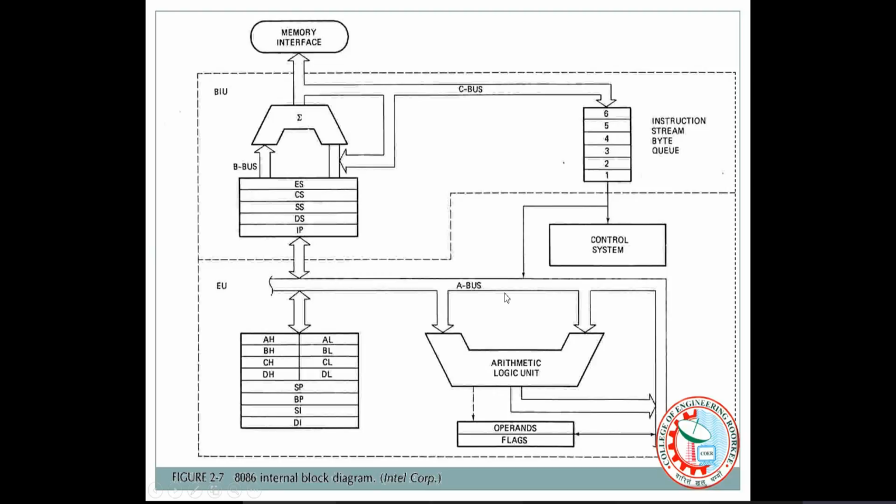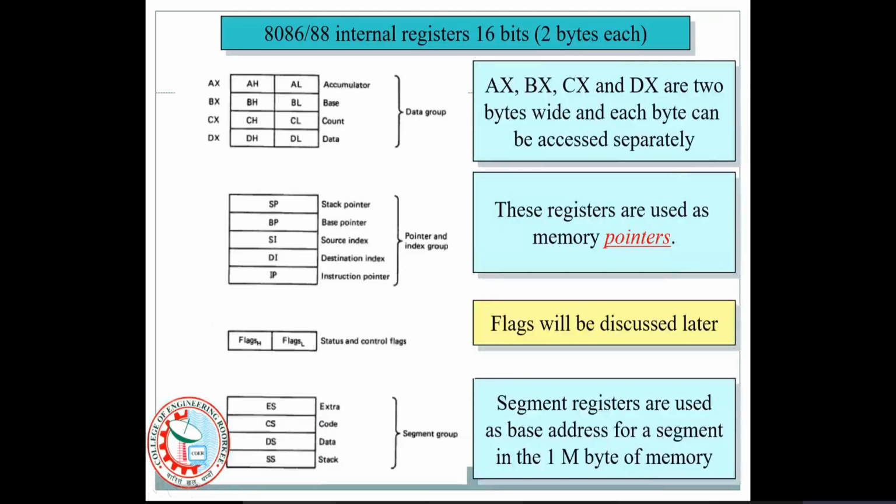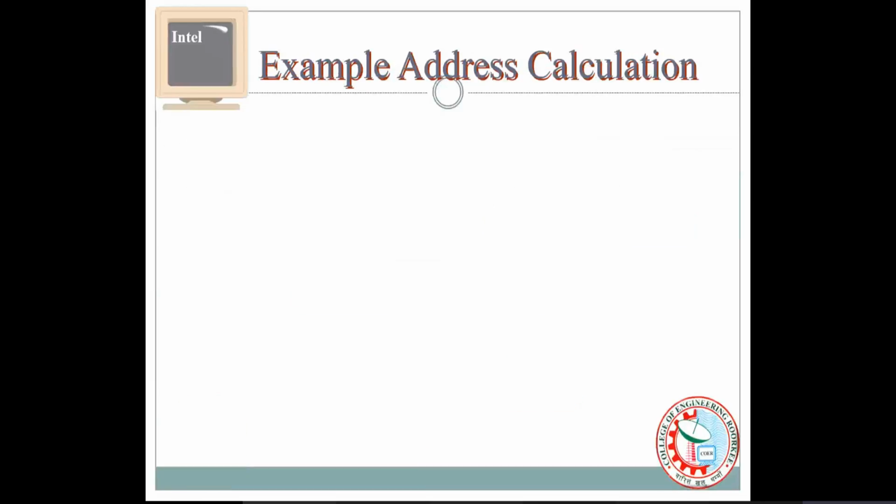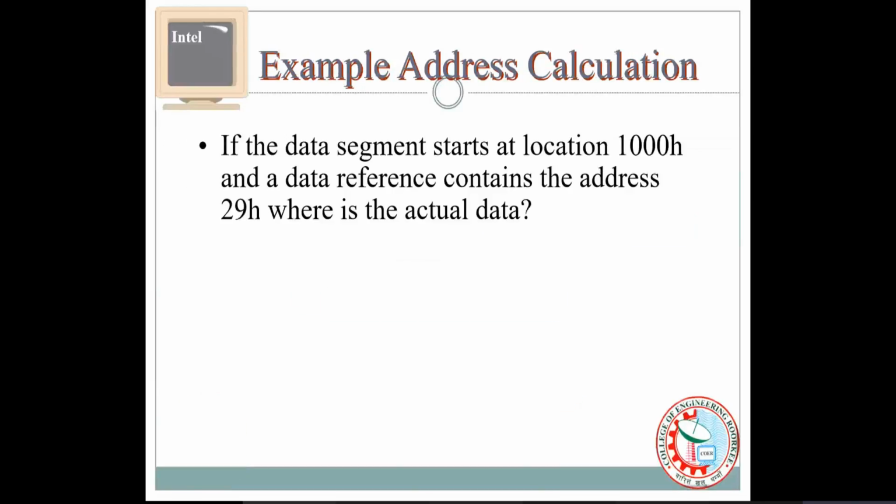I have some questions ready for you, from the last class, and they are questions from competitive examinations, like we did in the last class. Now look at this first question. If the data segment location starts from 1000H and a data reference contains the address 29H, where is the actual data?